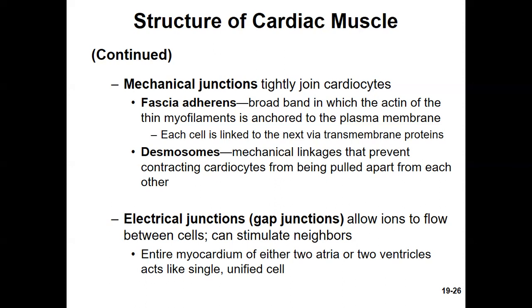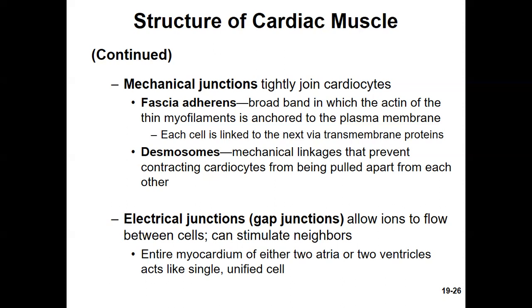Electrical junctions. This is how the cells are connected, so that you can have an electrical pathway flow from one cell to another. So electrical junctions will allow ions to flow between the cells. And this is what helps neighbors stay together in how they contract.